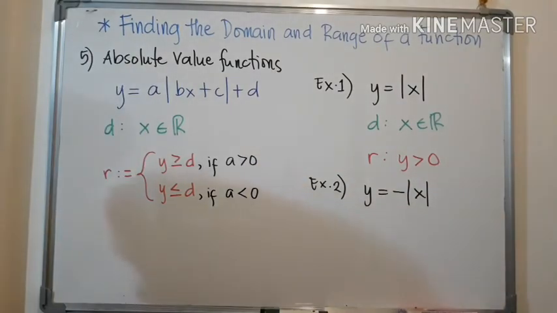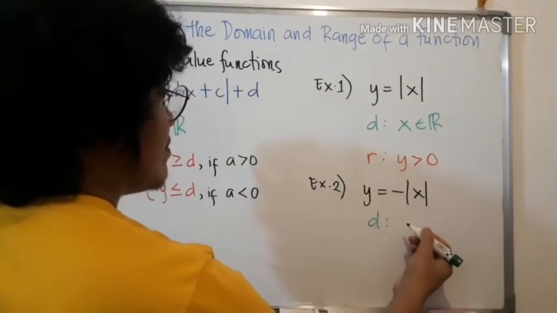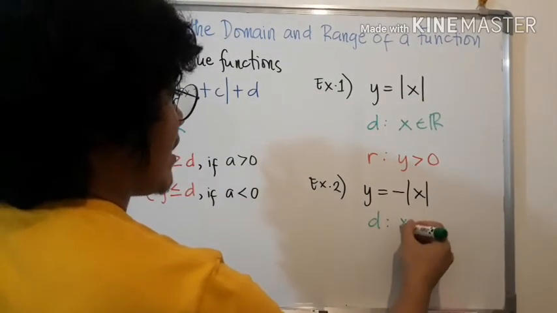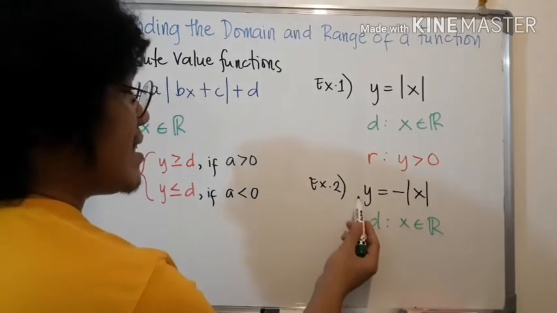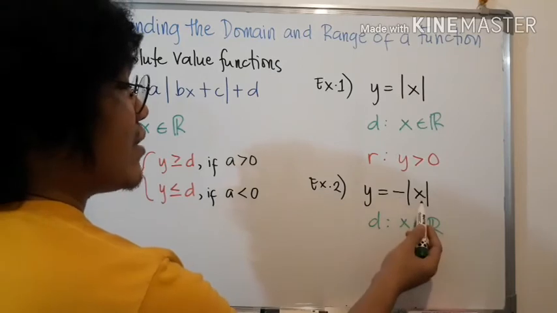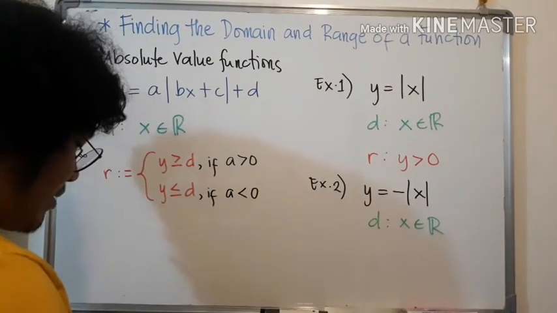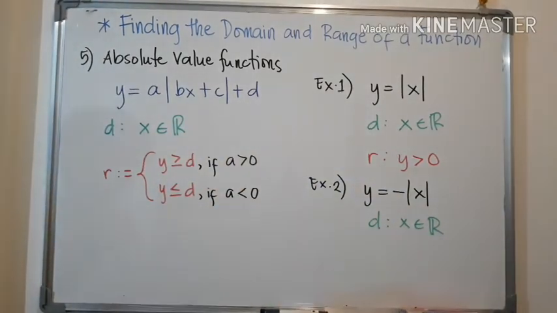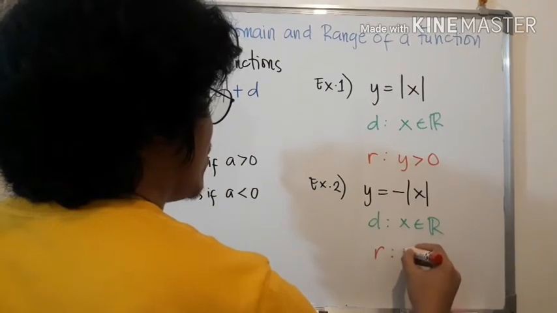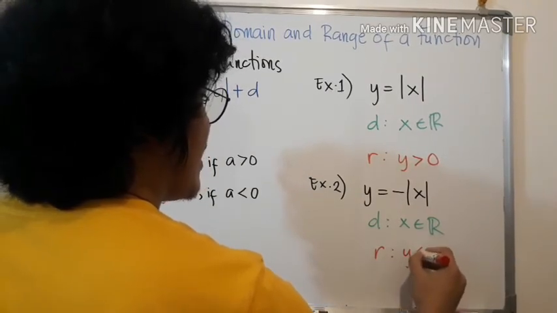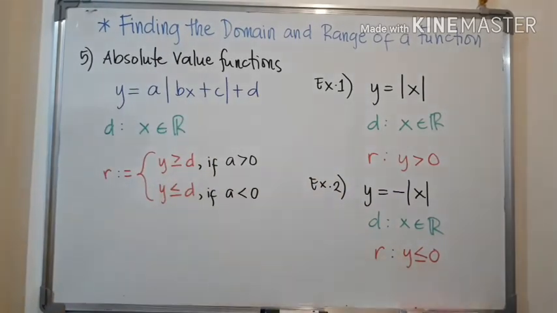Okay, so the domain is the set of all x in the real numbers, because y is defined, that is real, for all values of x in the real numbers. How about for the range? The range is the set of all y's less than or equal to 0.